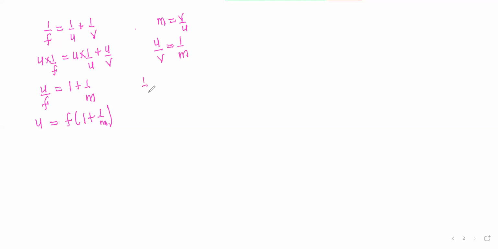So within the mirror formula, all that we are interested in doing is to have U over V so as to enable us substitute 1 over M. So we multiply through by U. U times 1 over F is U over F. U times 1 over U is 1, plus U times 1 over V is U over V. Because 1 over M is equal to U over V, we substitute 1 over M in place of U over V. So we have U over F is equal to 1 plus 1 over M. That's all.